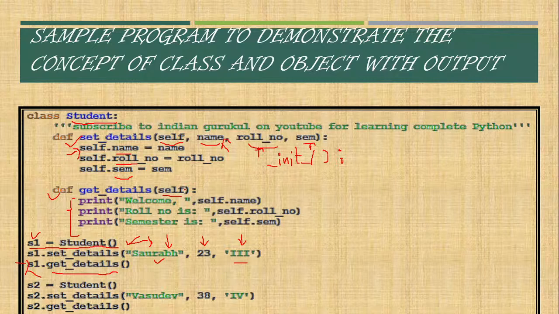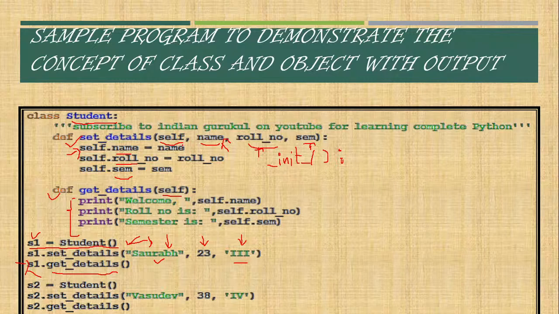One must keep in mind that all instance methods belonging to a class have this self variable as their first variable.